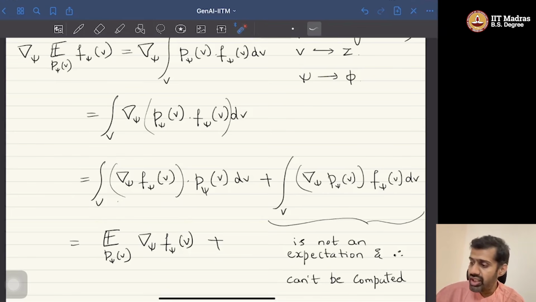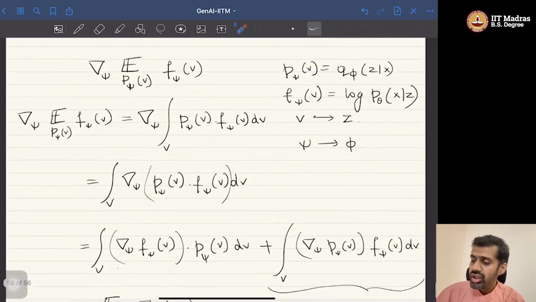So we have the gradient of the density, which has no interpretability, and therefore you cannot write the product of the gradient of a density function times some other function as an expectation. Therefore this gradient, which is what we need, cannot be computed.